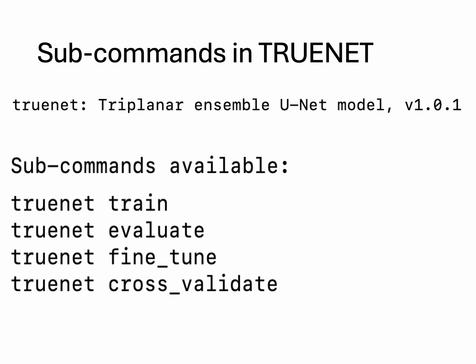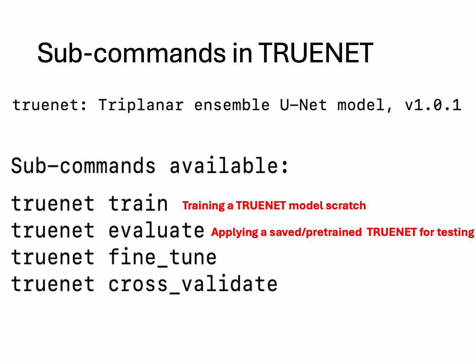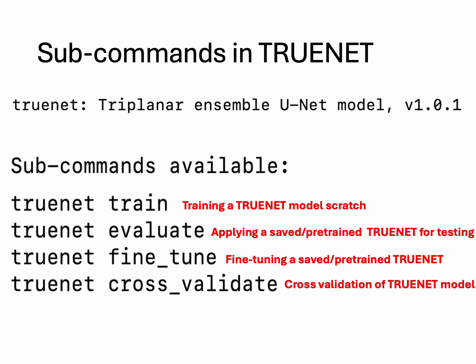And then we have a fine-tune subroutine, which tweaks the model slightly when you apply it on a new data set. And then we have cross-validate, which is essentially cross-validation of the TrUE-Net model on a data set to know the generalization capability of TrUE-Net.